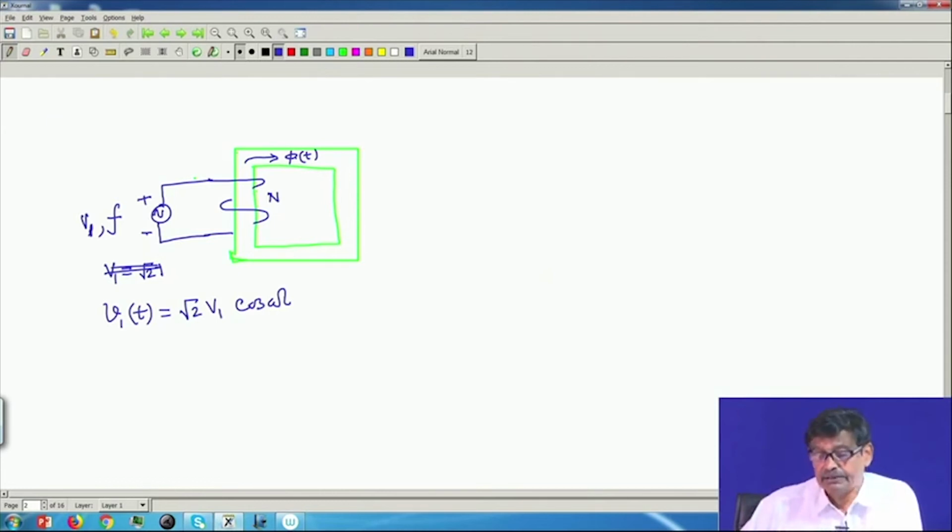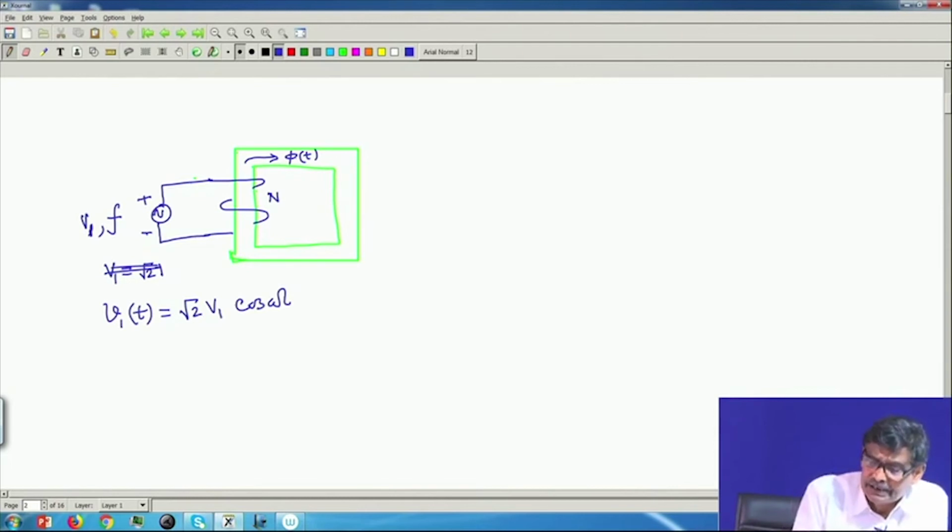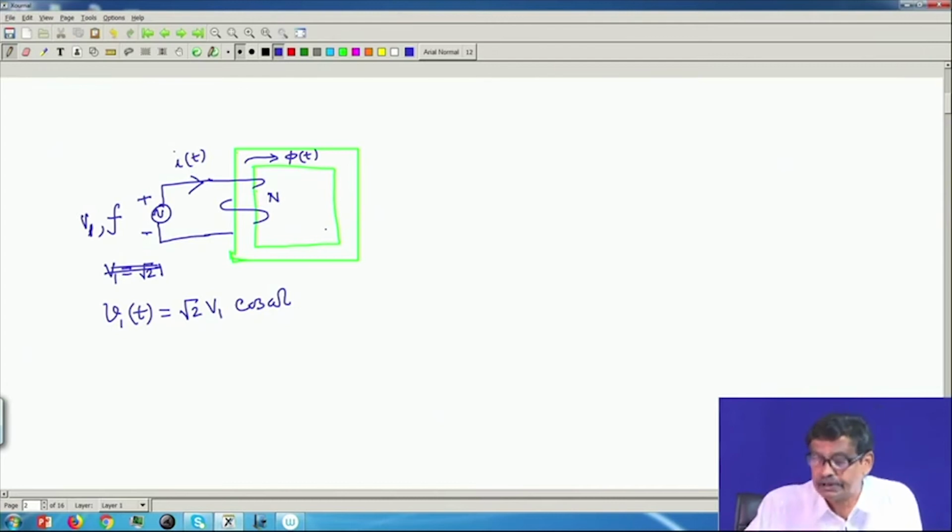Now, what is the reason for that? It is expected that whatever current it draws will also be sinusoidally varying, because after all it is some sort of coil or inductance connected across an AC supply, so some alternating current it will draw.